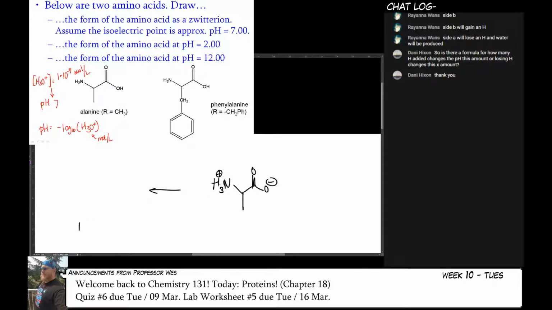So if we go to pH 2, this end stays charged, and this end gains a proton. And then if we go to pH 12, both ends are essentially deprotonated.